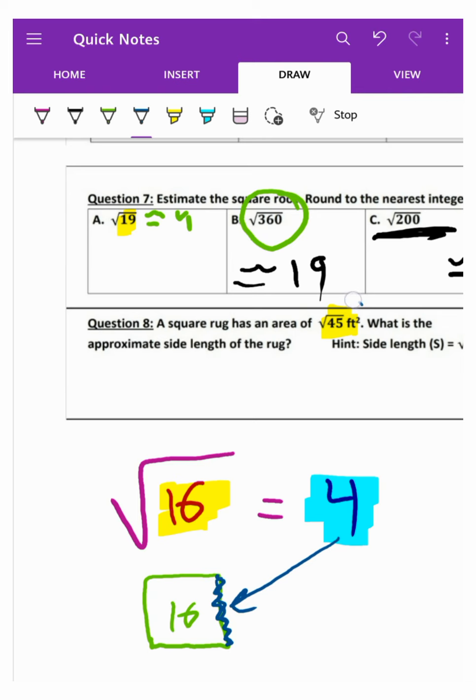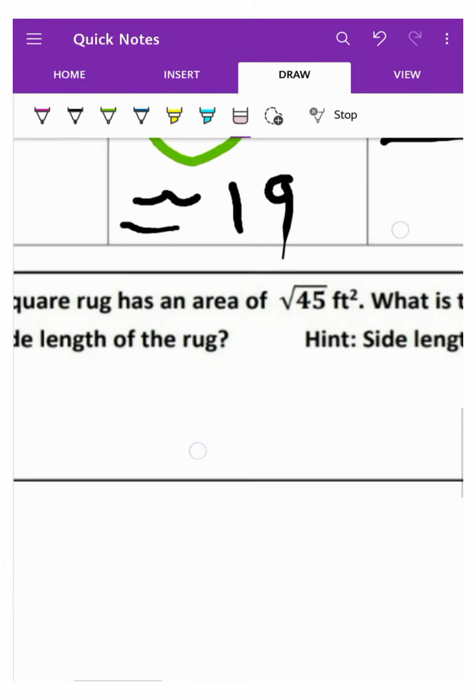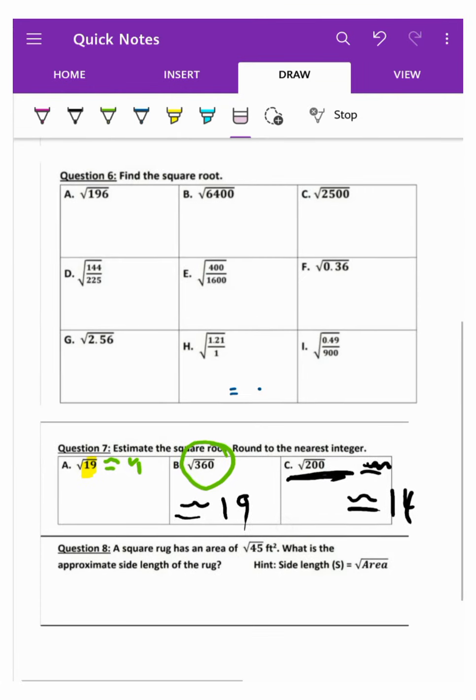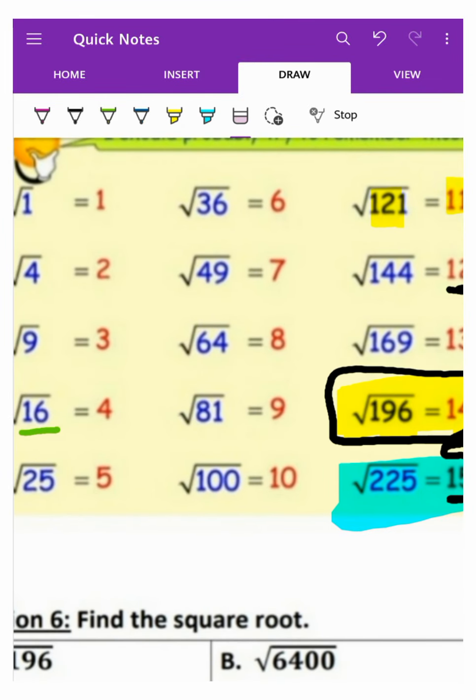The same thing here. But teacher, in this equation it is not a perfect square. Yes, it is a 45. And where can you find the 45 here? Between what and what? Yes, teacher, it is between the perfect squares 36 and 49.